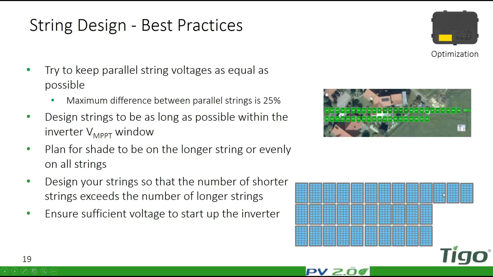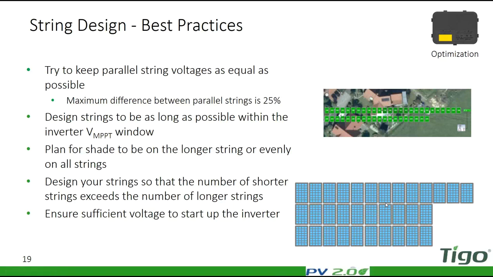In that string, the optimizers will reduce the voltage just slightly on each and every individual panel. If the situation was the opposite, and this string here in the middle was also 3 panels longer, what Tigo would do is basically the same. It would take both these longer strings and reduce the voltage just slightly.